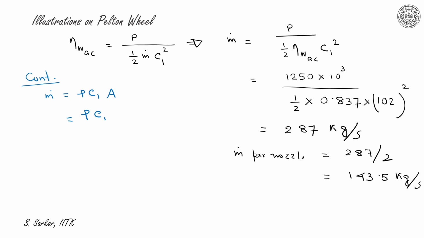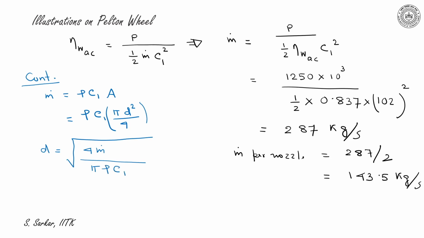If the diameter of the jet is a small d, I can write pi d square divided by 4. This is the area. Now from here I can evaluate d. So d can be expressed as root over 4 m dot divided by pi rho into C1.